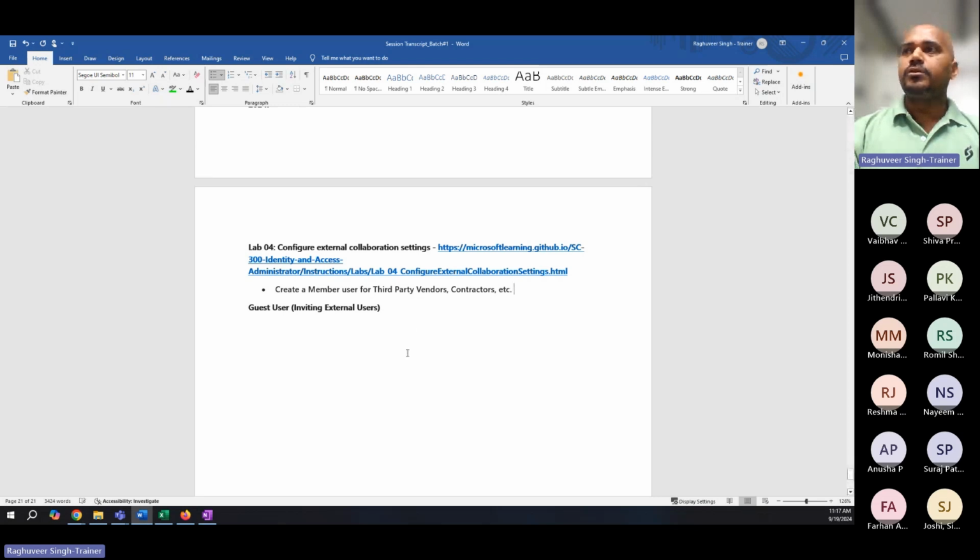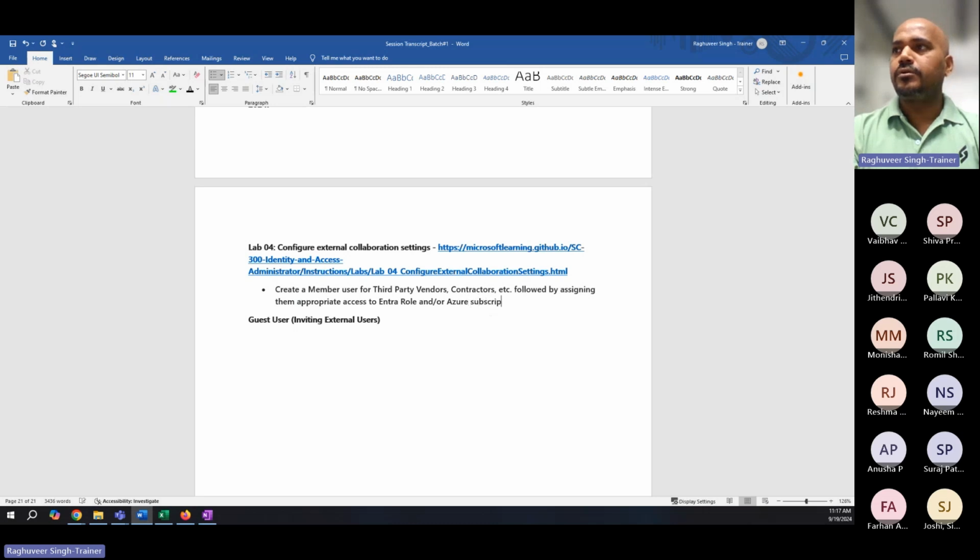Create a member user for third party vendors, contractors, followed by assigning them appropriate access to Entra roles and/or Azure subscription RBAC. That's the first option that you have.